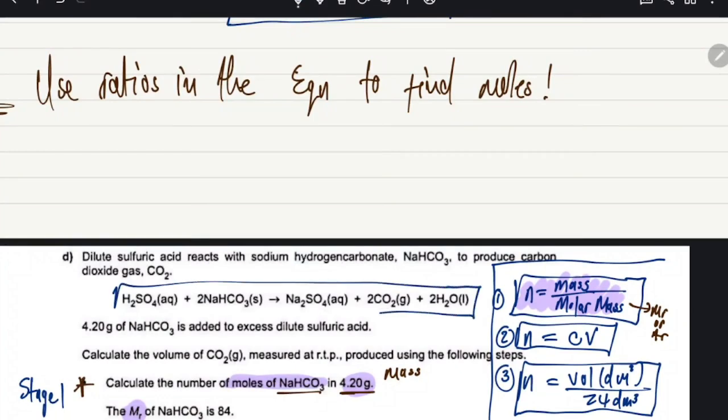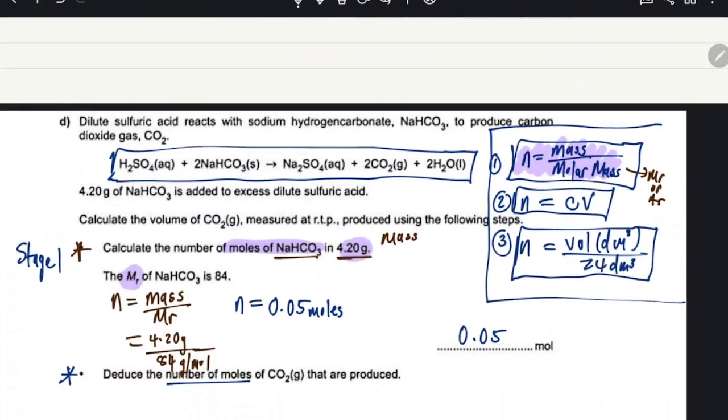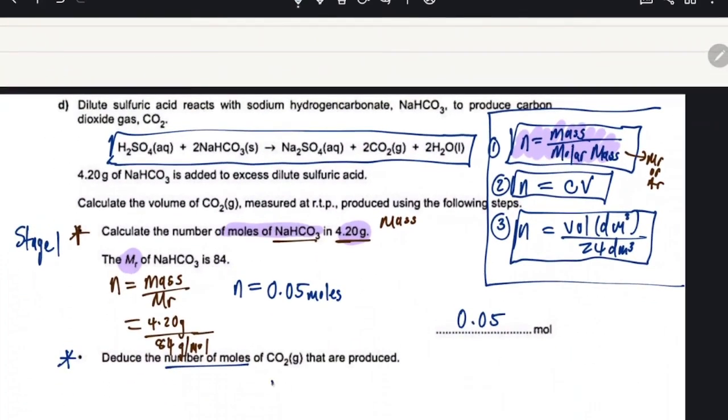They want me to use the equation? Yes. Okay. Who do they want you to find? They want you to find number of moles of CO2. So you come and you say CO2 is one of the things I'm looking at. Then who did you find for? You find number of moles of NaHCO3, which is this one. Can you see?